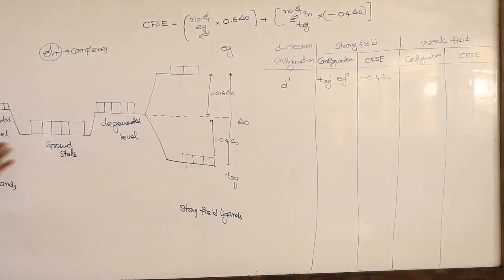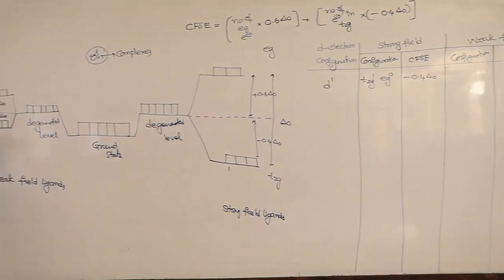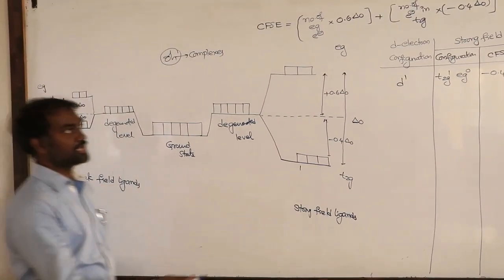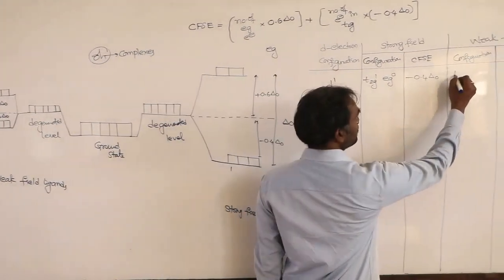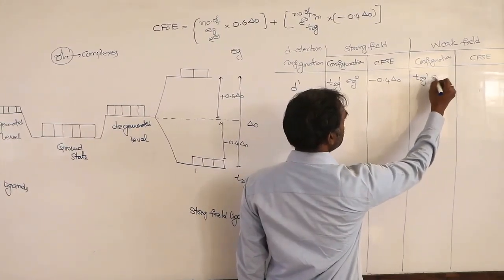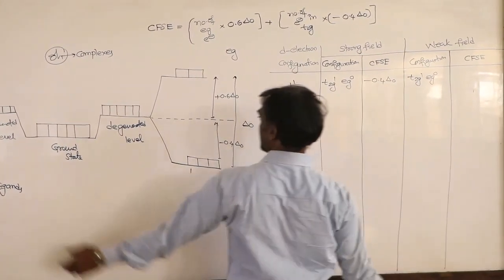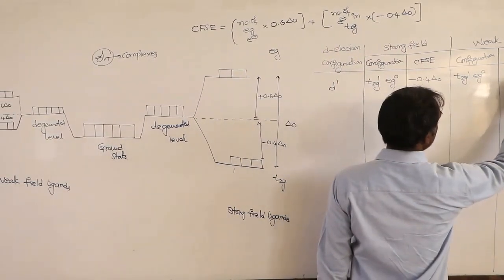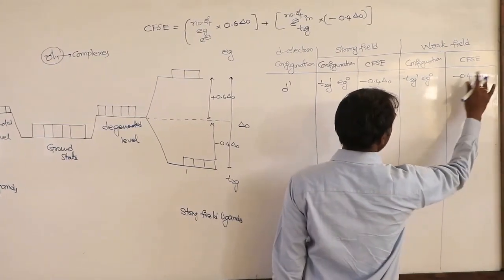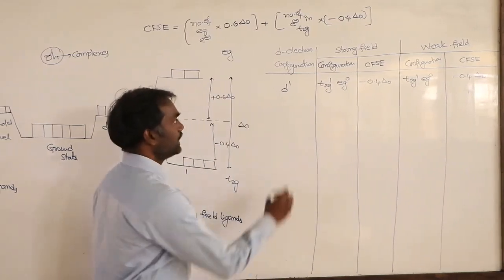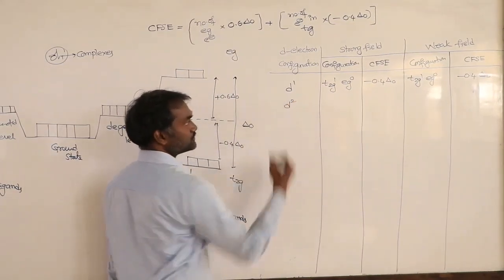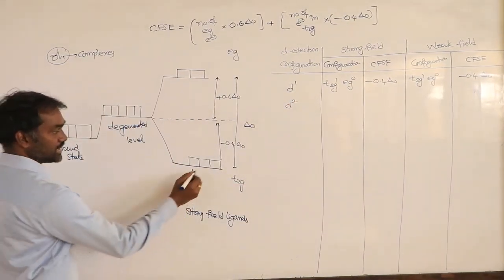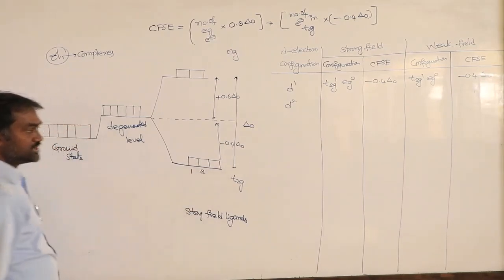Next you come to weak field. In weak field, the first electron also fills up here only. So that is the same configuration, T2G1 EG0. Next, the CFSE value is T2G into minus 0.4, so minus 0.4 delta 0. Next, D2. The second electron is also in T2G, here also.